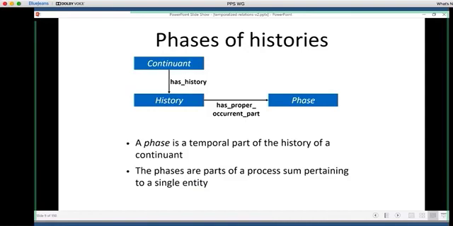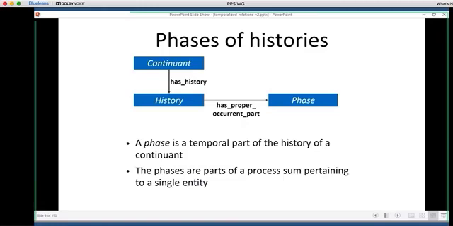So all the phases sum up to the history. If we can divide the phases into non-overlapping phases, then we can capture the difference between permanent specific relatedness and permanent generic relatedness. Permanent generic relatedness would be such that there is permanent specific relatedness in every phase.